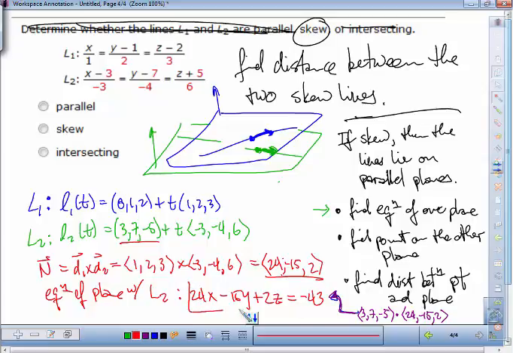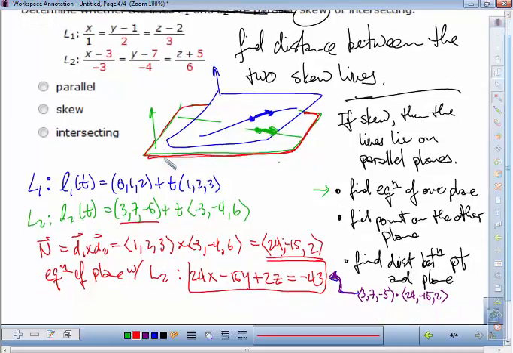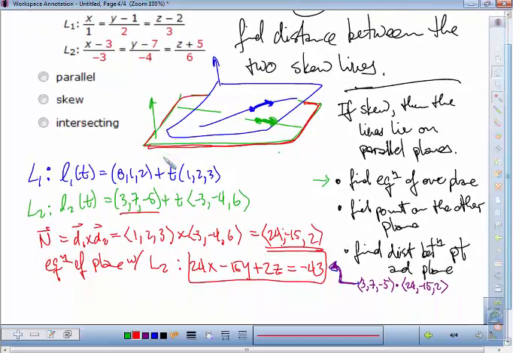This is your plane. So if we find a point on the other plane, then we could just use a formula. Do we have a point on the other plane?